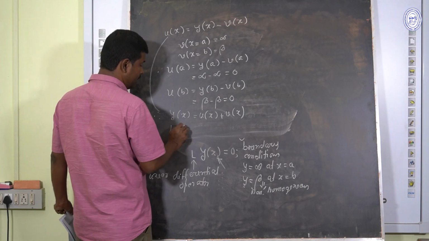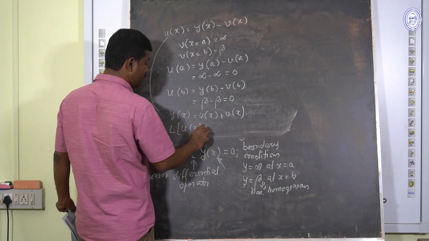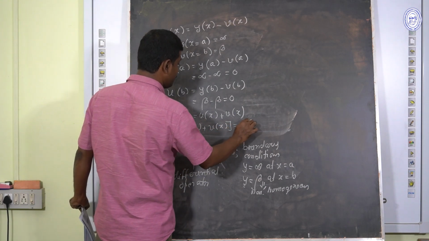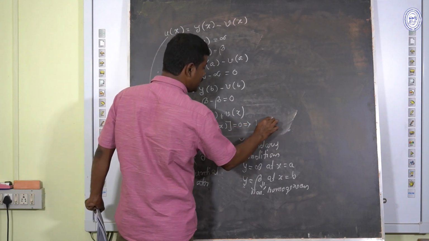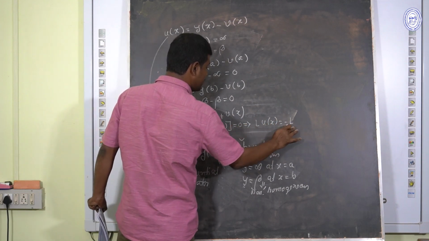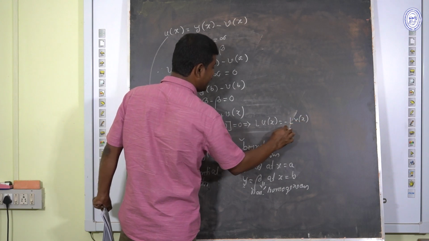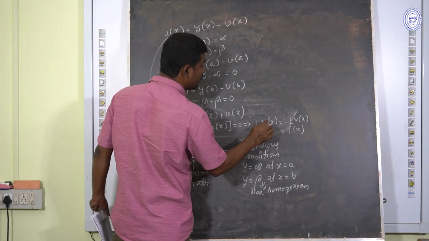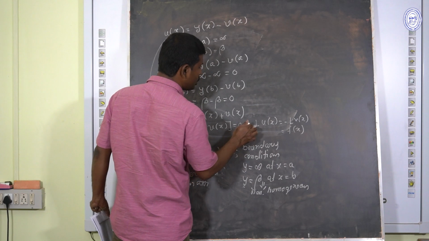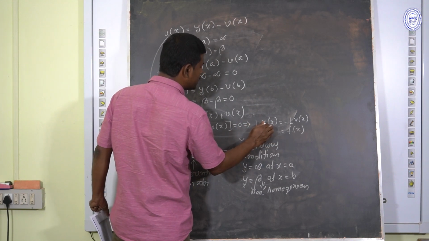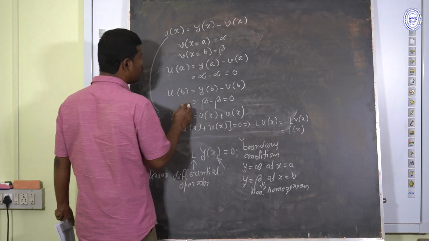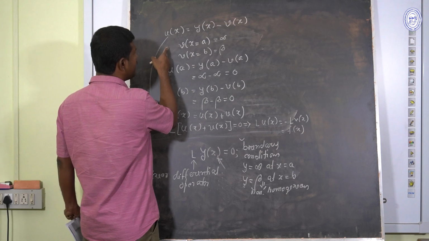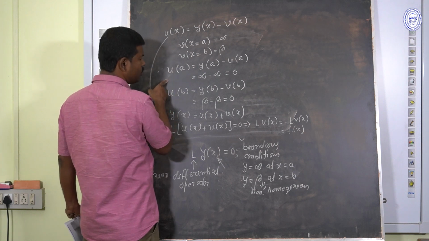So L u of x plus L v of x equals 0, or L u of x equal to minus L v of x, which is equal to f of x. L u of x equal to f of x is a non-homogeneous differential equation with homogeneous boundary condition, that u equal to 0 at x equal to a and u equal to 0 at x equal to b.